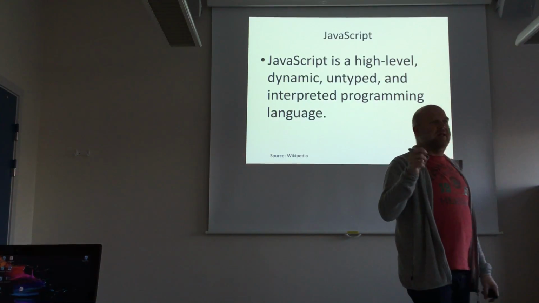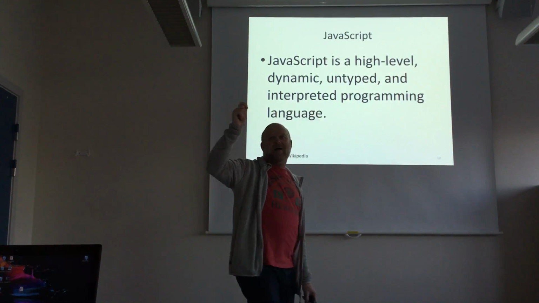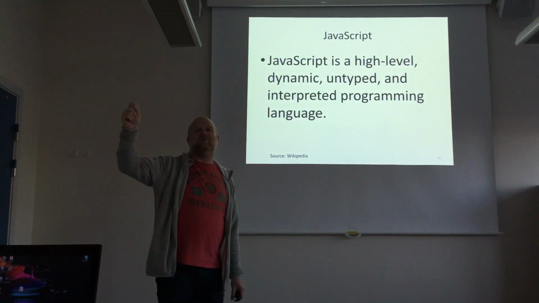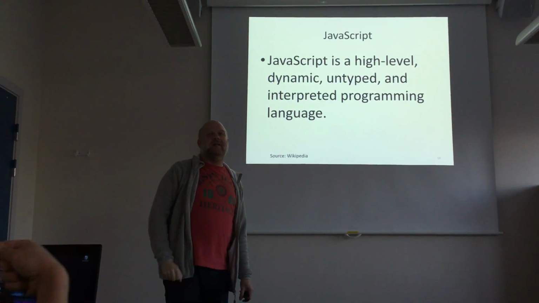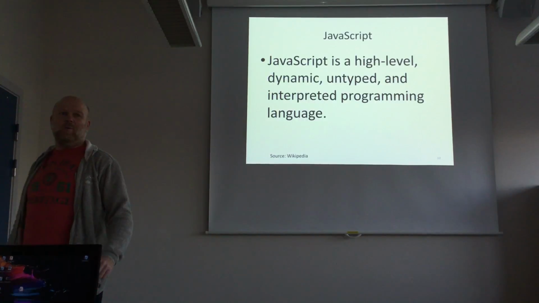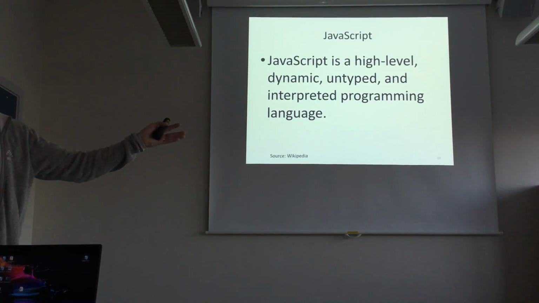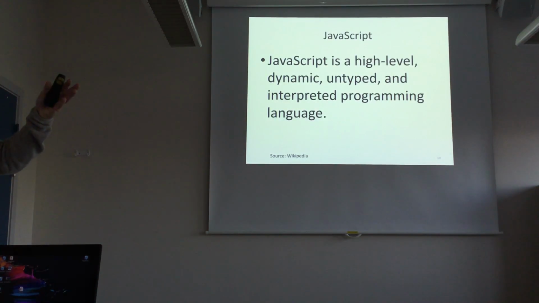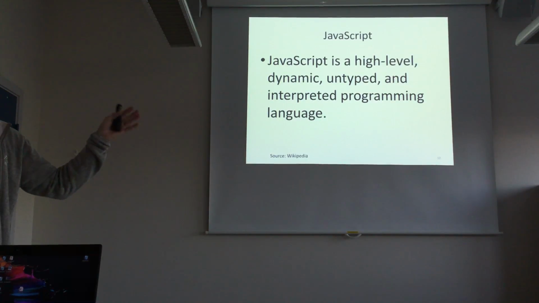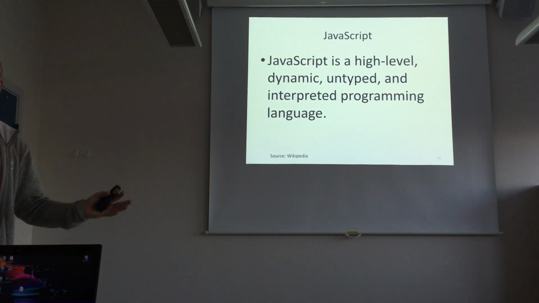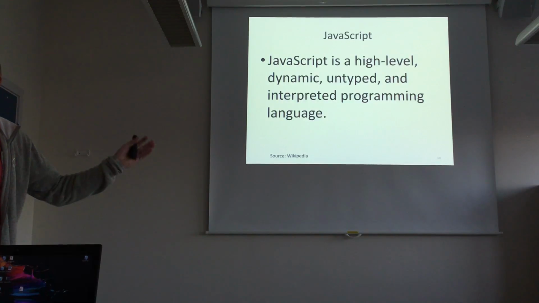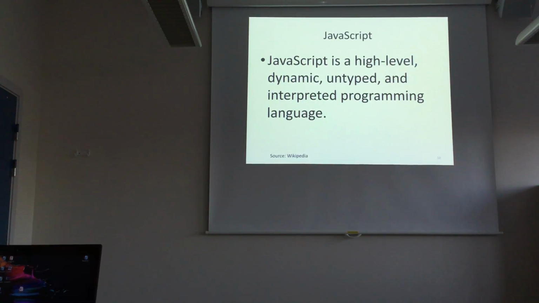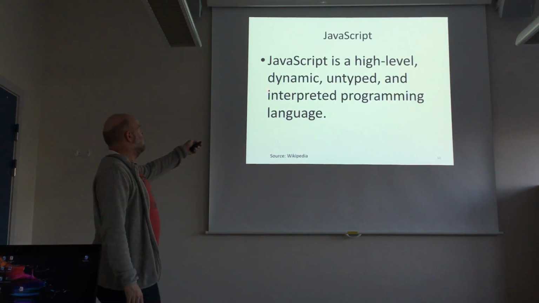Yeah. So that's important. There are types in the language, but we don't have to define the type. And like in C#, if you have made a variable and you have said that this variable is an integer, it stays an integer for the rest of its life. You cannot change the type of a variable, but you can do that in an untyped language.